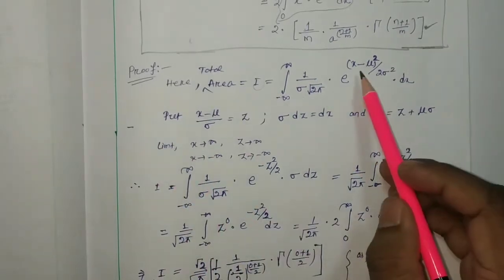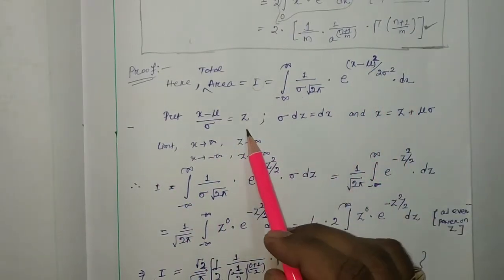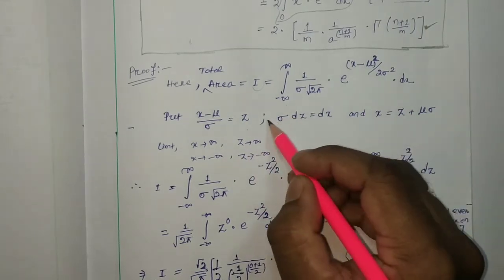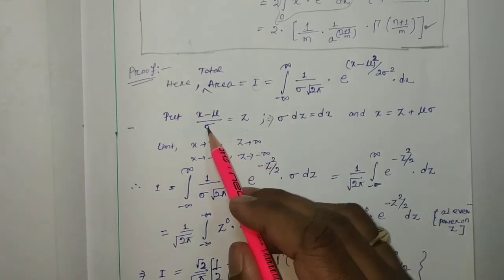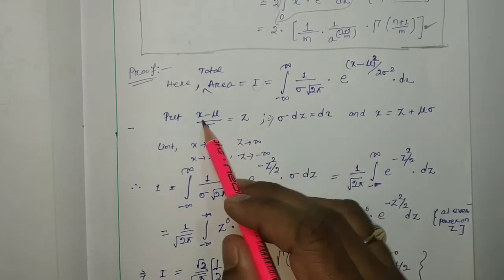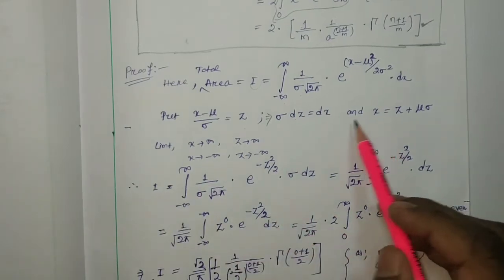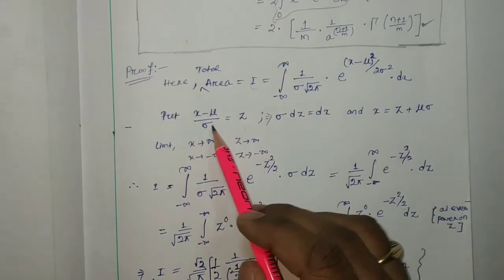Now we put (x minus mu) by sigma equal to z. That implies sigma dz will be equal to dx, because mu is the constant mean value. And x will be equal to how much?